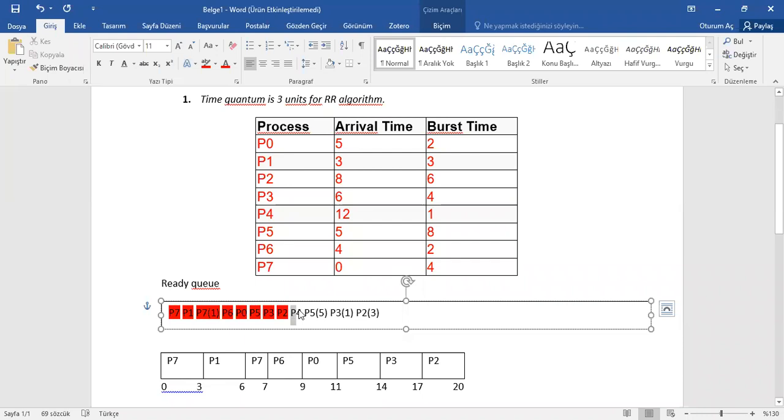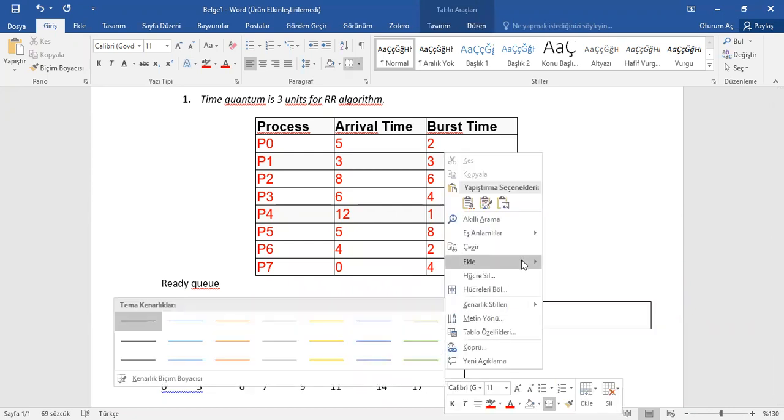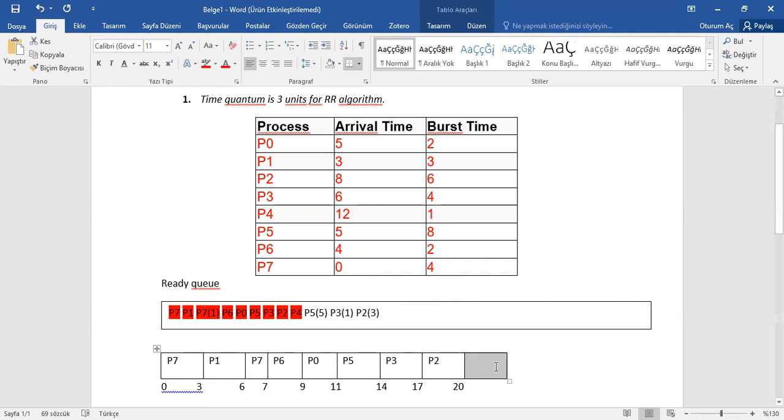P4 is 1 nanosecond. I don't need to put it back. It will execute and finish. Let's make it only 1 nanosecond. 21. Okay, P4.